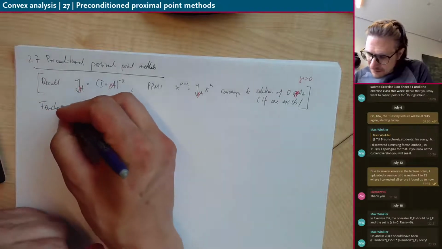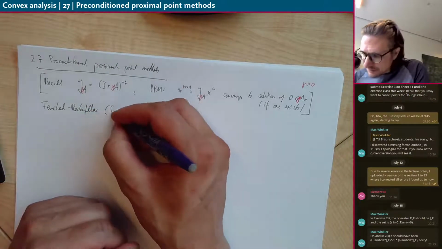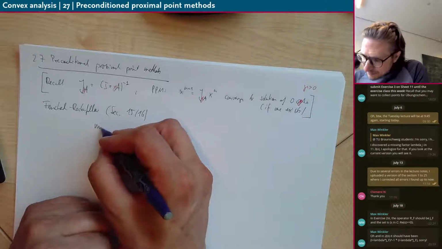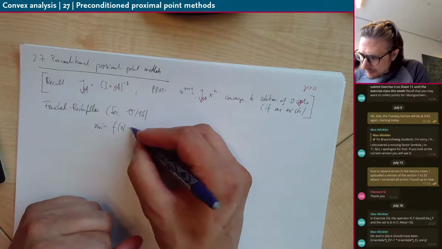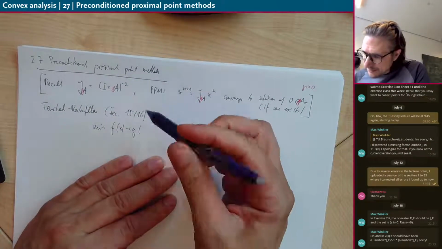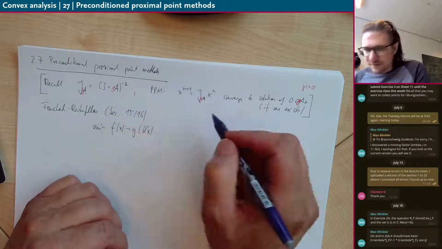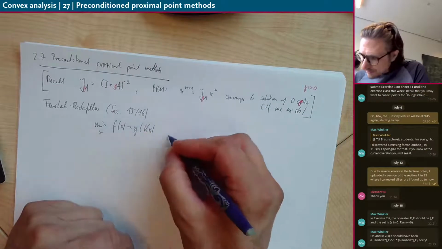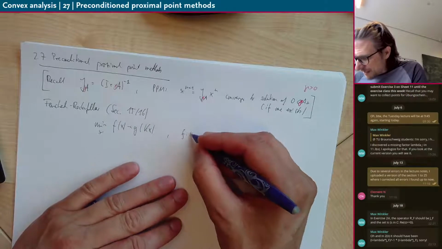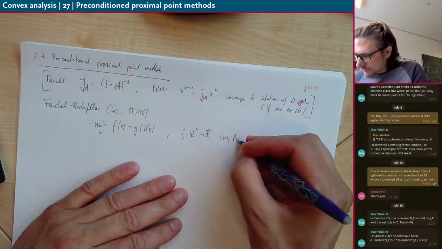Fenchel-Rockafellar, we've seen this in sections 15 and 16. There we had an optimization problem, not a monotone inclusion, of the form: minimize f(x) + g(Kx) over x, maybe it was A back then, but now we use K because A is our monotone operator here. f is a convex map from R^n to the extended reals, convex, LSC, and of course proper.